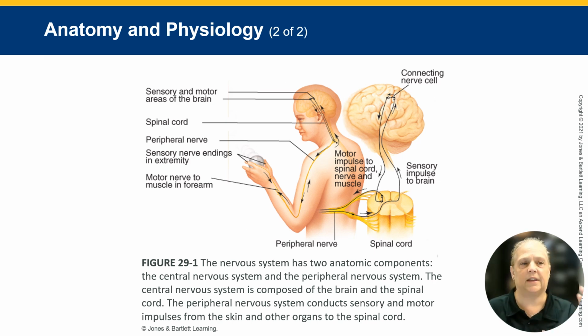We've got the sensory nerves, which send the impulses from the skin to the brain, and then we've got the motor nerves, which travel the impulses from the brain to the muscles, creating that movement.